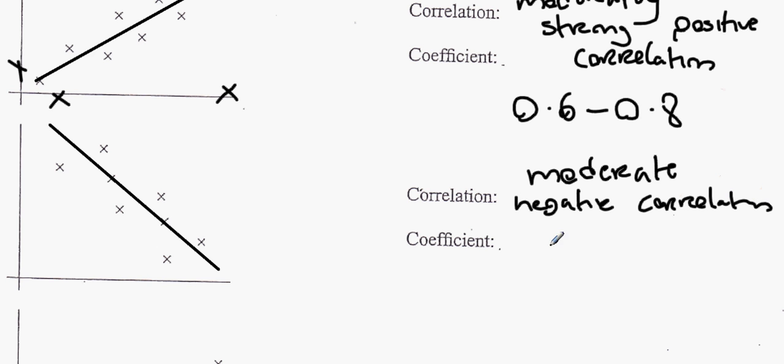I'd say anywhere maybe from about 0.4 to 0.6. I'd actually probably give it slightly higher than that now, actually, about 0.5. Okay, not too weak. So there's some correlation there. Okay, it's not too bad, about 0.5.